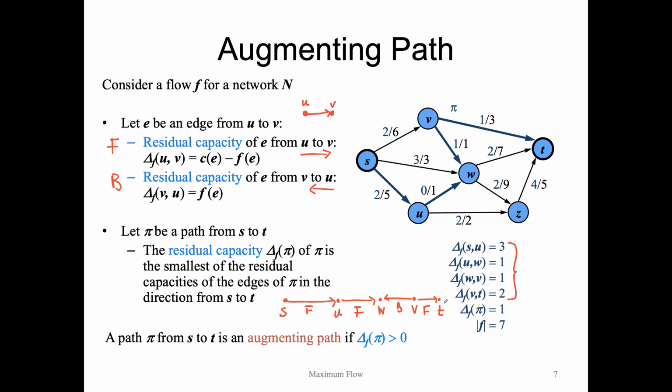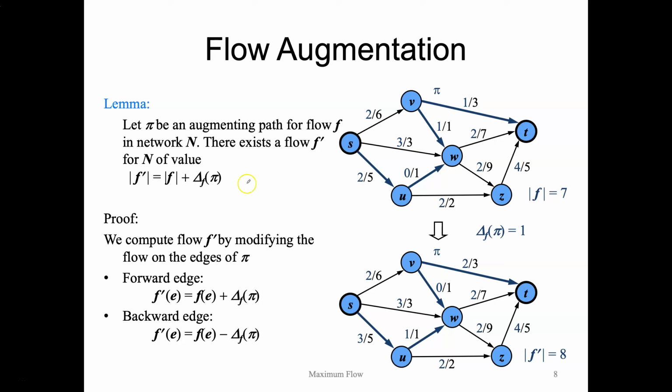Now we say that a path is an augmenting path if its residual capacity is greater than 0, because this means that along that path we can change the flow in such a way that we increase the flow of our network. So if we have an augmenting path, call it pi, this is augmenting because the residual capacity of that path, delta pi, is greater than 0.